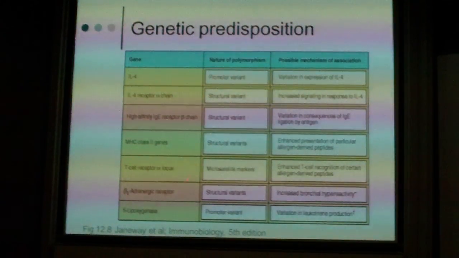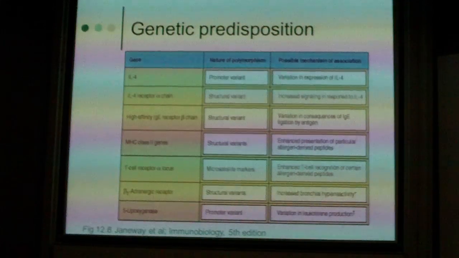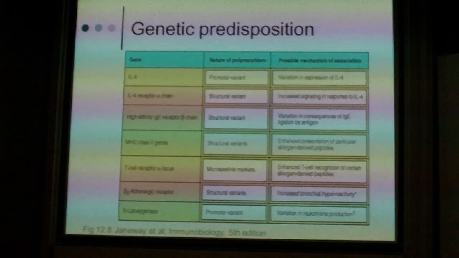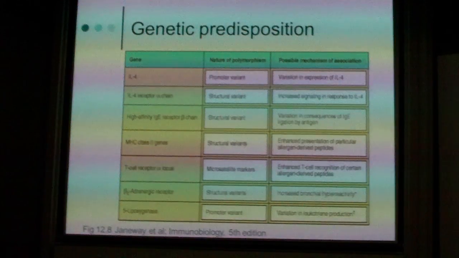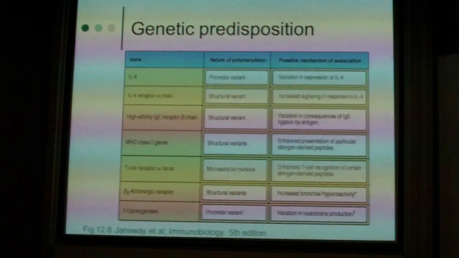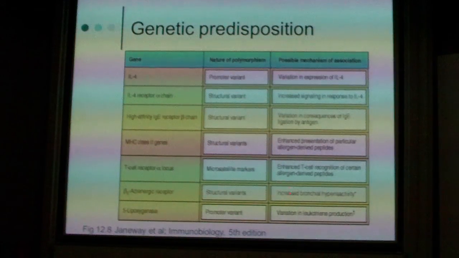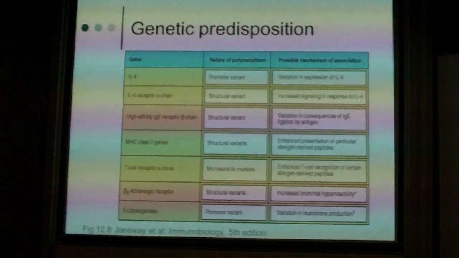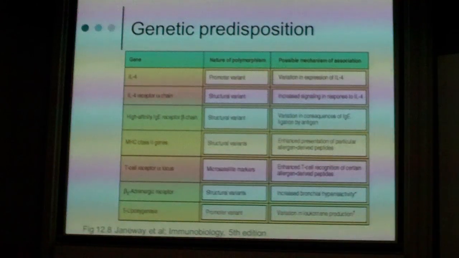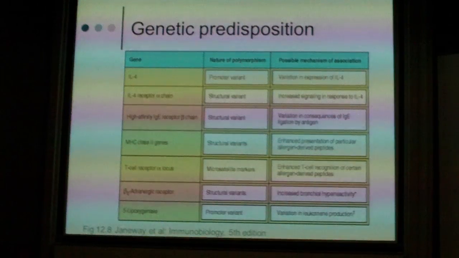It may also be on the T-cell receptor, enhanced T-cell receptor recognition of certain allergen-derived peptides. Some T-cell receptors are better for recognizing an allergen peptide than other ones. Of course, also the beta-2 adrenergic receptor. You may have increased bronchial hyperreactivity if you have structural differences between persons in the receptor, maybe also a different effect of that.